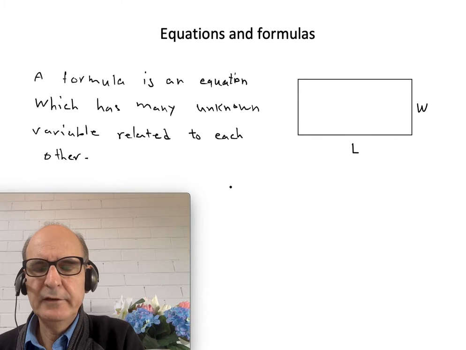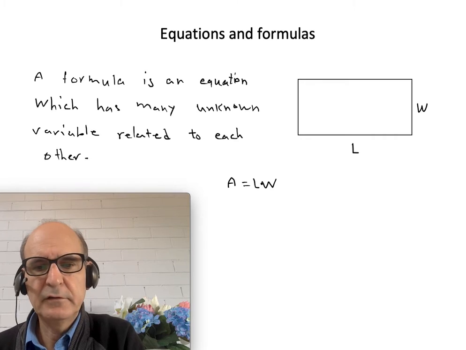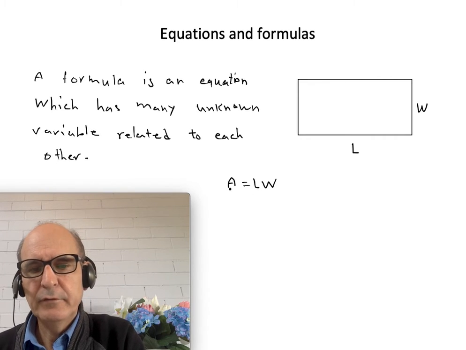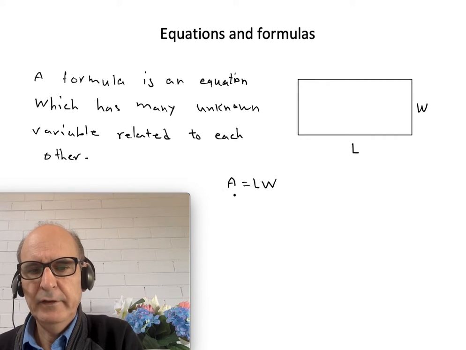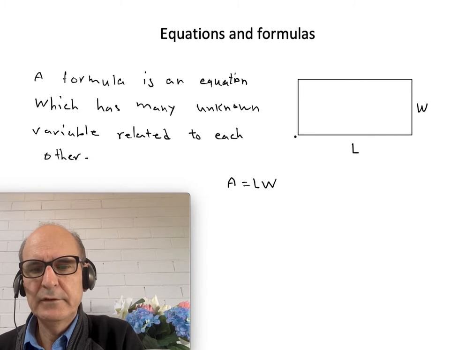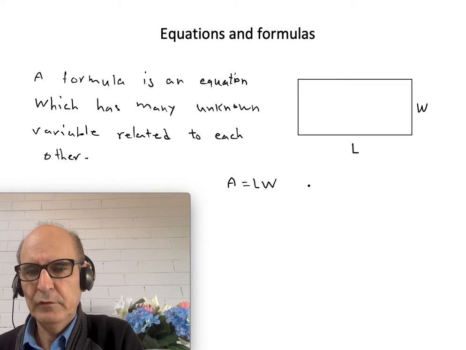So I can write it as a formula: area is equal to length times width. You know that we don't write the times, but there is a times here. So area of a rectangle is equal to its length times its width. This is an example of a formula.